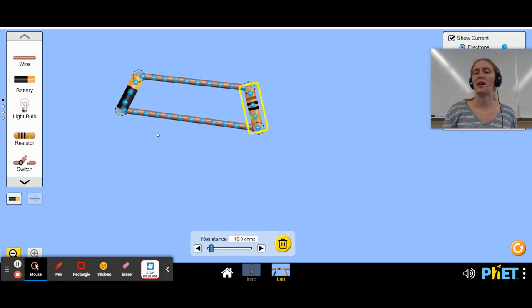And just remember that current is going to be how many electrons are going through per second, which in this case is going to correspond with how fast they're moving. So the more current, the faster it's going, the more electrons are getting through. Hopefully that's clear, and good luck.